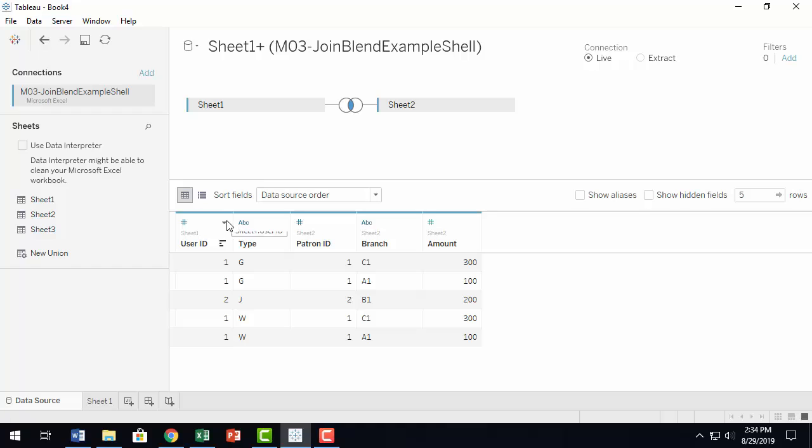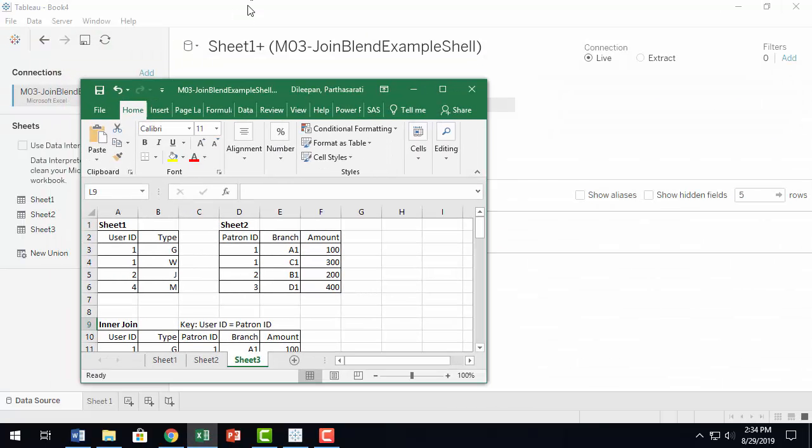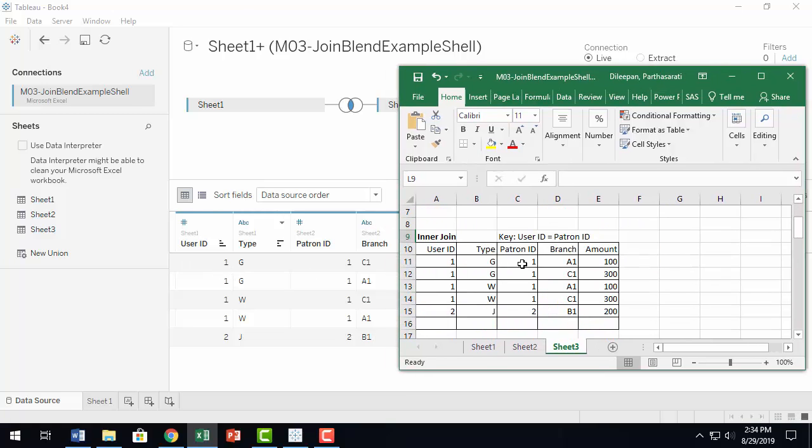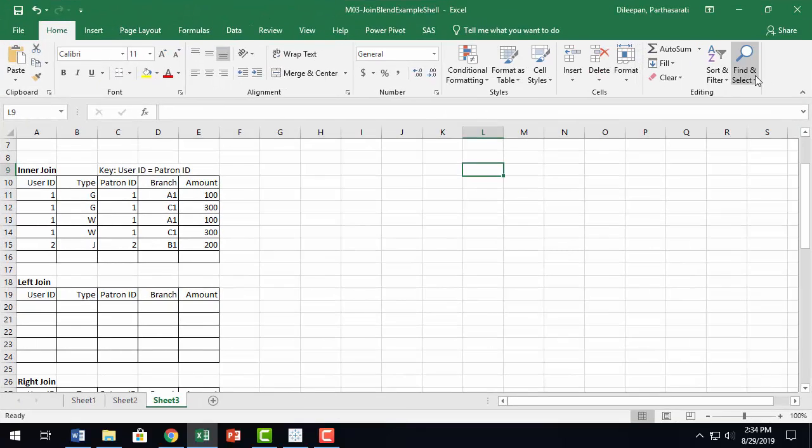It's ordered differently. So, you sort it, and then you see that we have the results: 1 G, 1 G, and then 1 W and 2 J. Any questions?